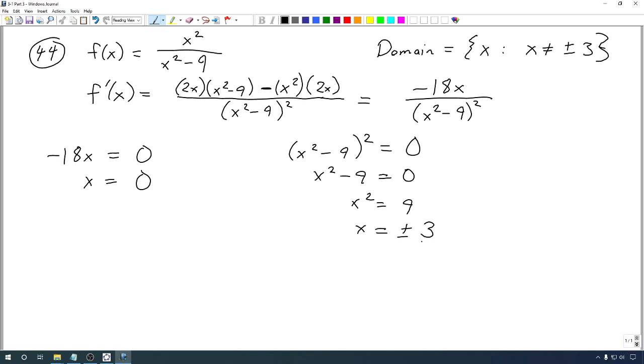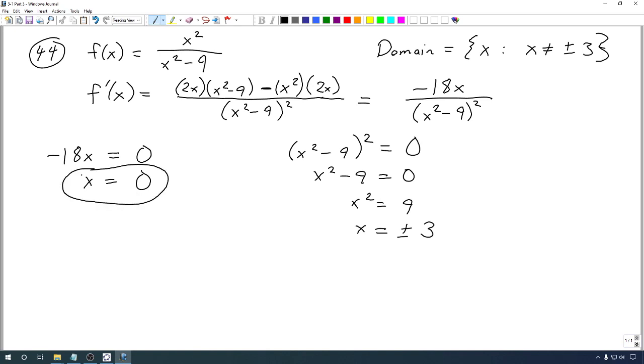But note here that technically these are not critical points. These plus and minus 3 are not in our domain. Those are completely outside our domain. A critical point for a function has to be in the domain of the function. So the only critical point here, there's one critical point here, x equals 0.